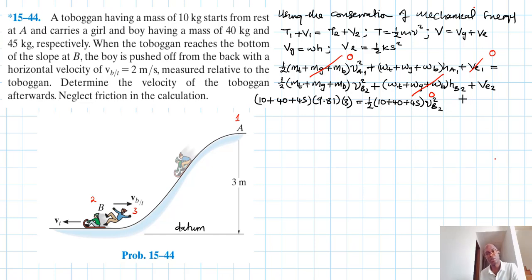The rest is also 0, and therefore VB2 is just going to be equal to, we can cancel out the rest, 9.81 times 3, divided by 0.5, then the root of that. So we have 7.6720. This is VB2 here.